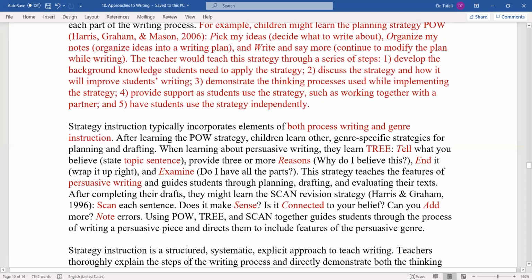Okay. And another strategy apart from POW is TREE, and in TREE you have, again, the same. You have to tell what you want to, and this should be in your topic sentence. Then you have to give at least three reasons. It means whatever topic sentence you have introduced in a paragraph, you should give its reasons. What are the reasons which are going to support what you believe?